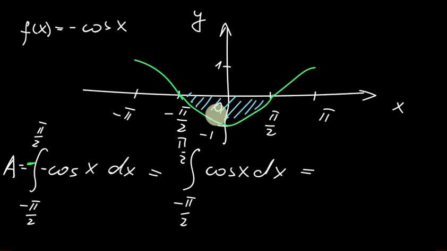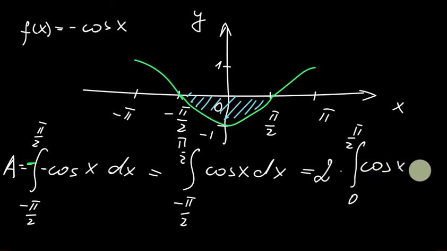From my drawing it might not look like it, but it is. So since we are calculating from minus pi over 2 to pi over 2, we can put 2 here and calculate from 0 to pi over 2. It will be easier to calculate, and this is the same.